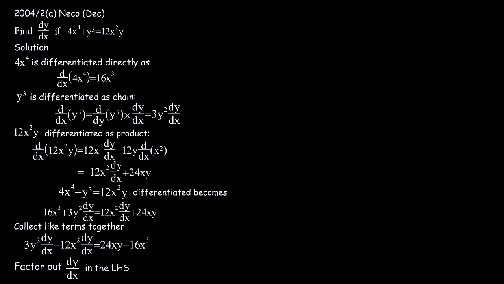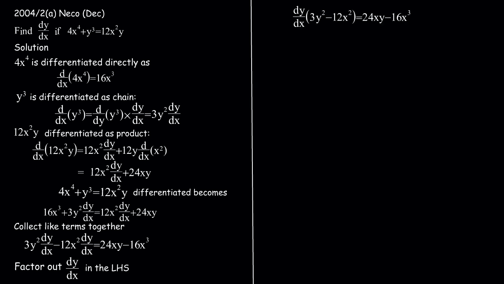Now factoring out dy over ds on our left hand side, our equation becomes dy over ds in bracket 3y square minus 12s square equals 24sy minus 16s to the power of 3. Now we are going to be dividing both sides by 3y square minus 12s square. Doing so, dy over ds will be equal to 24sy minus 16s cubed divided by 3y square minus 12s square.